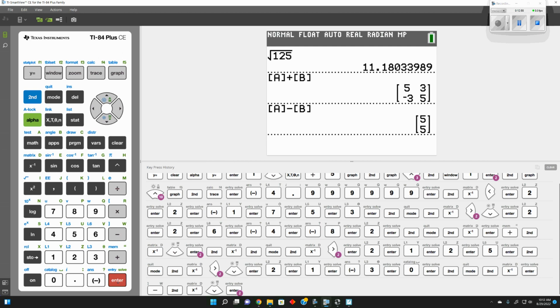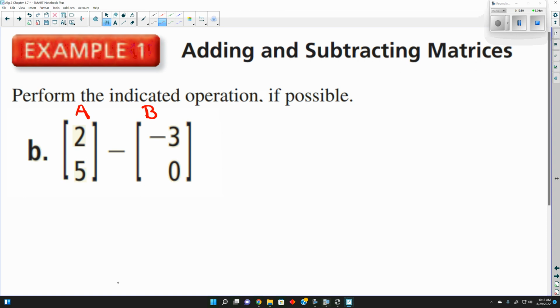That's it. Because if we look back at this, what we're saying is 2 minus negative 3 and 5 minus 0, which is indeed 5, 5. Questions on this here?